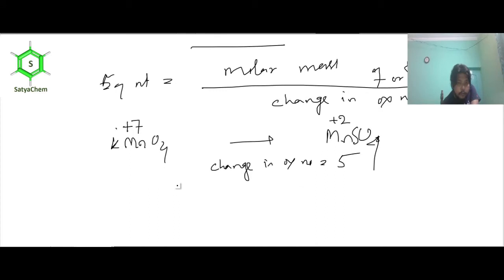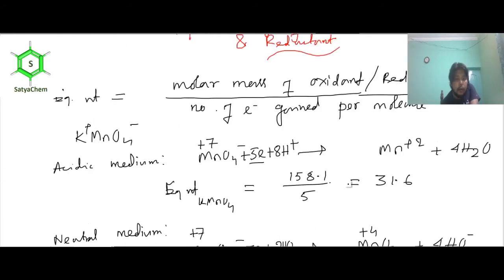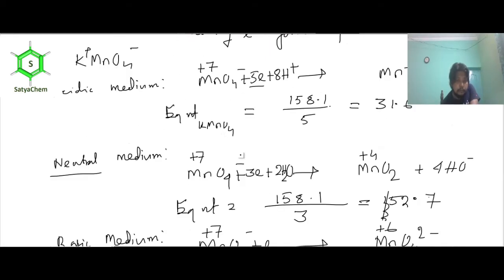So the equivalent weight will be the molar mass, nearly 158, divided by 5, so it becomes 31.6. So we come to the same answer that we got from the electronic method in acidic medium.